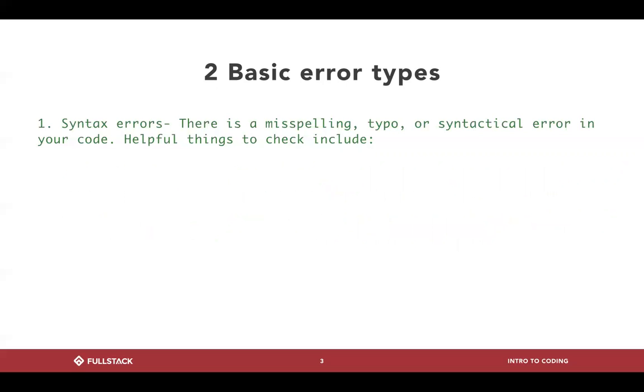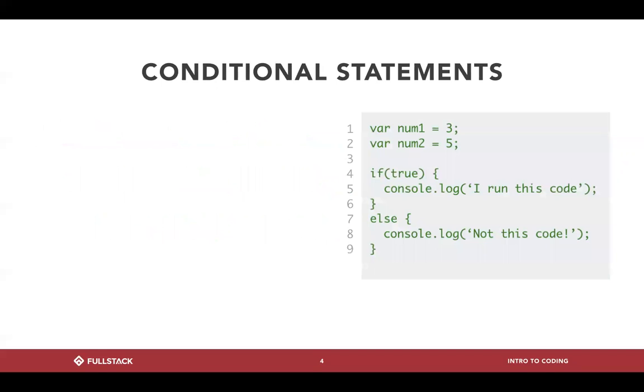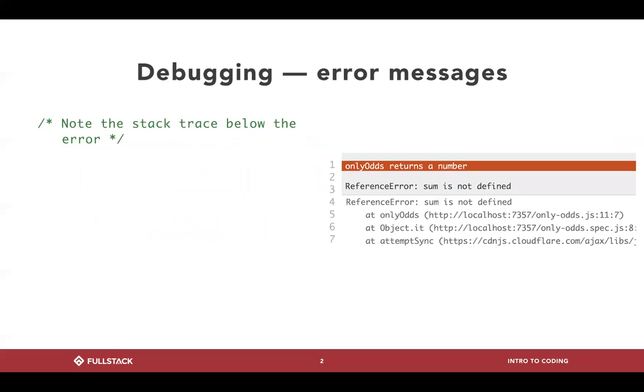Okay. Any questions about errors or debugging? So I noticed on the first slide where it showed the syntax error, it looked like the odds in only odds actually starts with a number 0 instead of a capital O. Is that just the font?